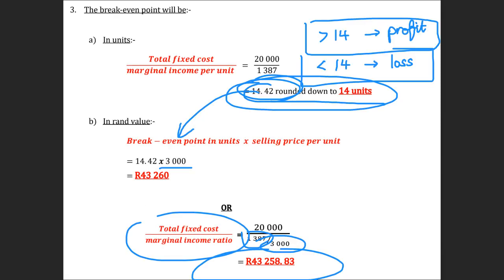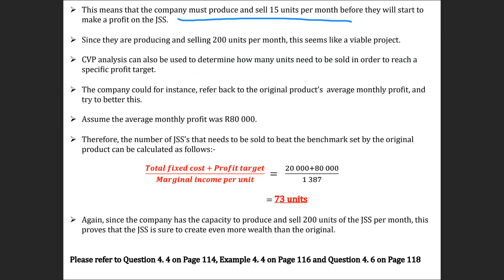Now, another type of question that can come up in terms of your break even is where they would say to you that a lot of the time companies have targets in place where in a particular year there is a profit that they hope to achieve. They have profit targets in place, and we can also look at how many units a business will need to produce in order to meet that target.